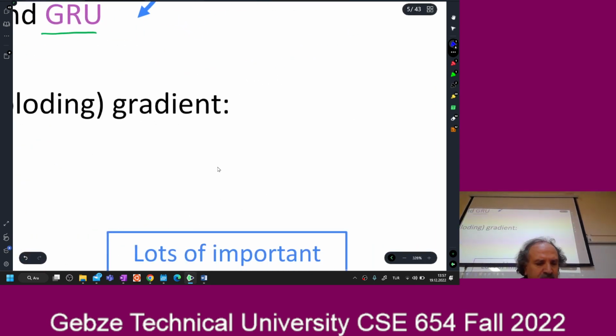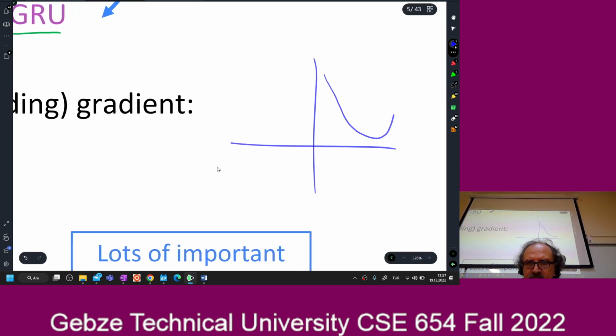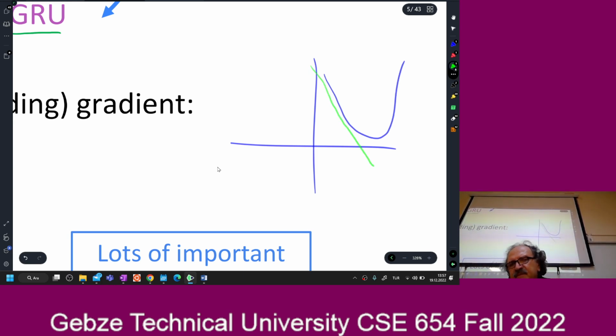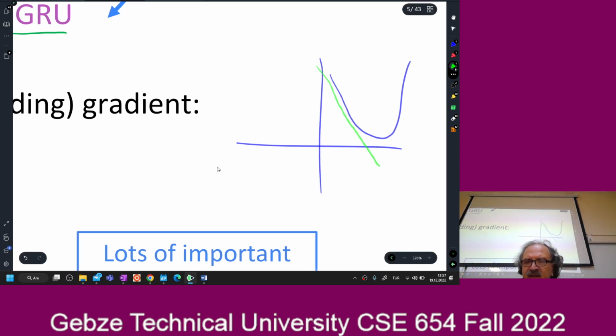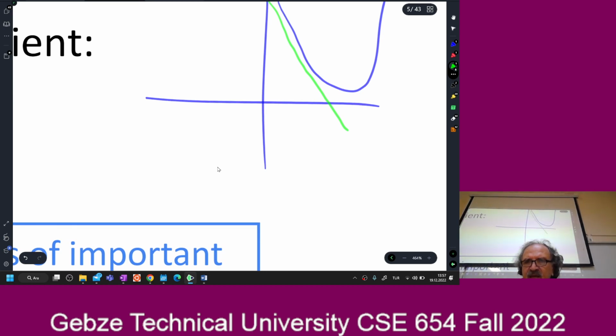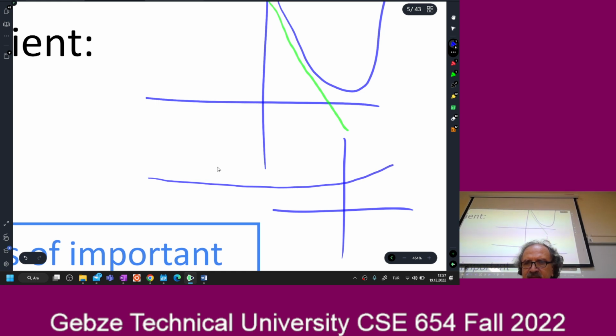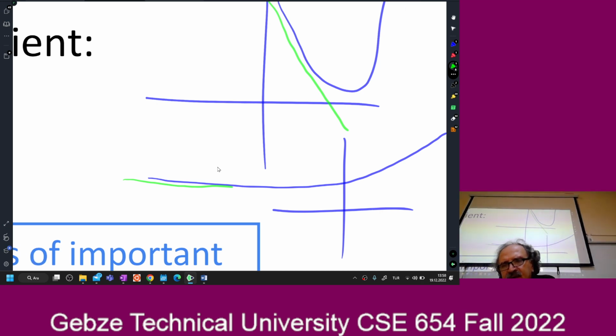It's like this. If you have a function like this, my gradient angles will be very steep, and I can move to the local minimum in a very fast way. But if you have a function like this, starting from this area, your slope is parallel to the x-axis.